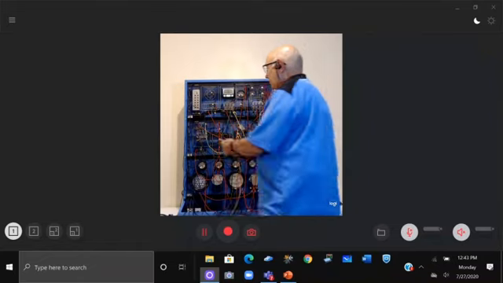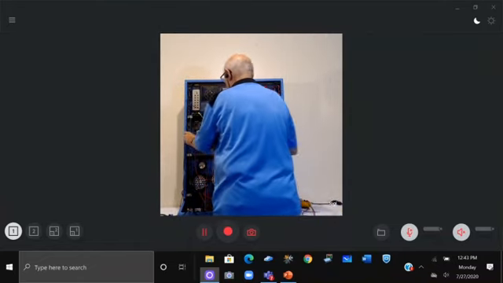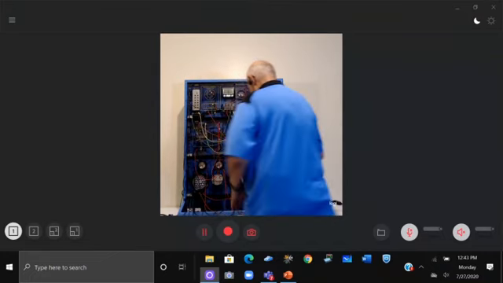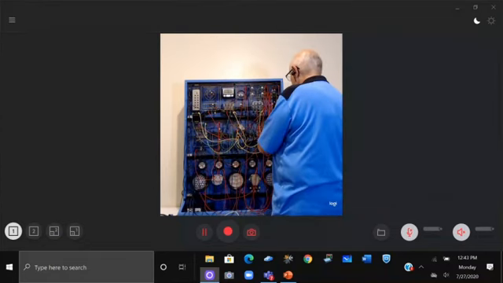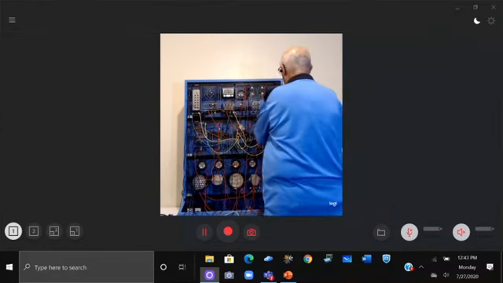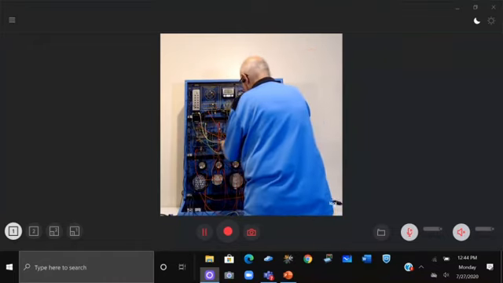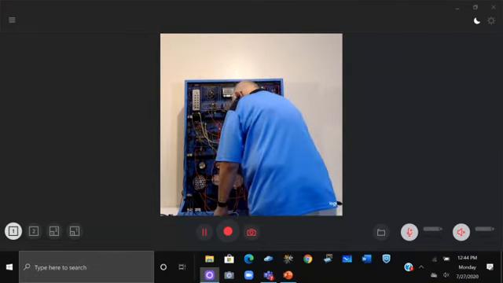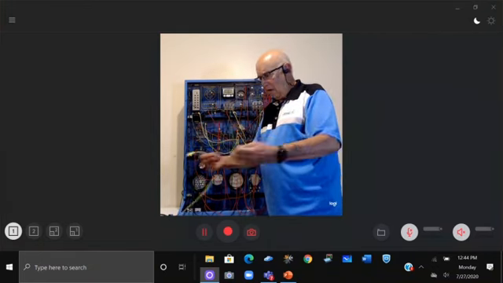So if I go up to the first one, green, yellow, go up to the second one, wow, wires left over.